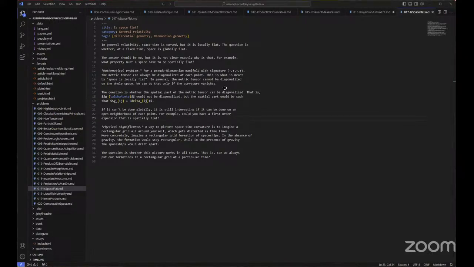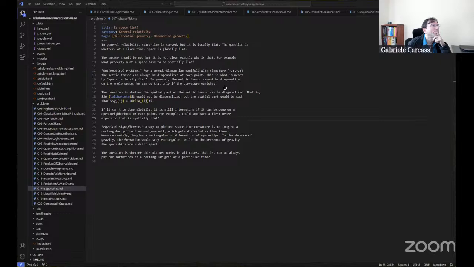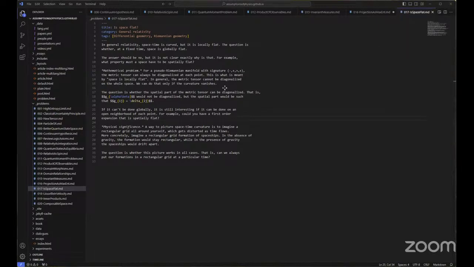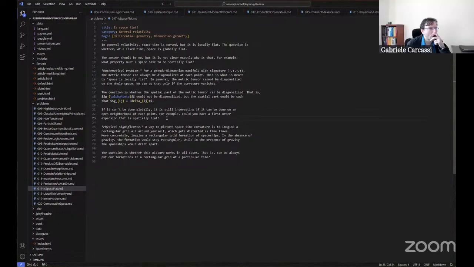There you go. You know about the metric tensor being flat to first order. Yes, you can always do this at each individual point. Expand it to first order, and then it will be flat. That's always possible. There are no constraints on the geometry. Right. So I think I wanted to ask, then maybe it's a second order expansion.